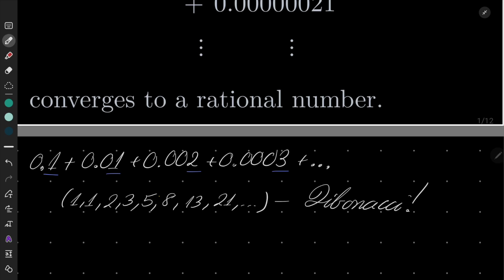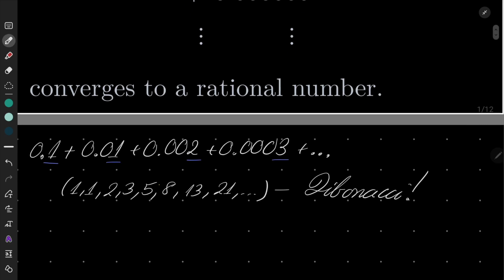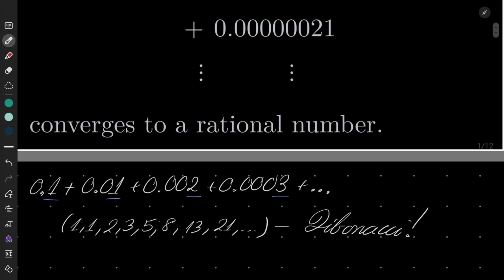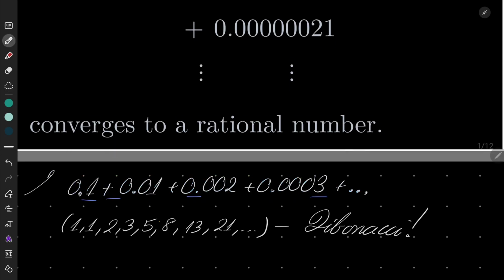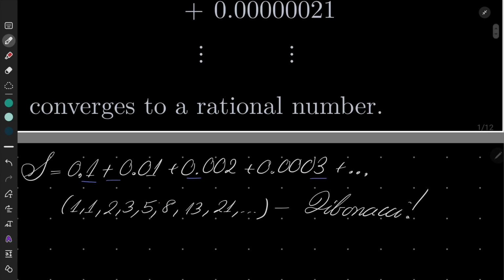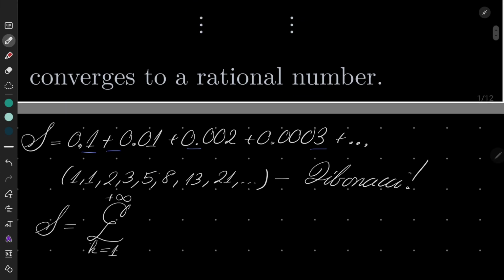It's the Fibonacci sequence, and our sum, so maybe let's denote our sum by some letter, maybe capital S would be nice. So our sum is just the sum from k equals 1 to infinity of the kth term of the Fibonacci sequence over 10 to the power of k.